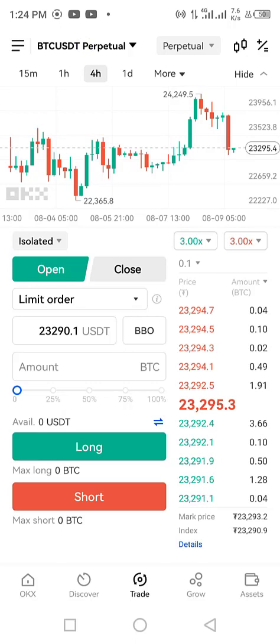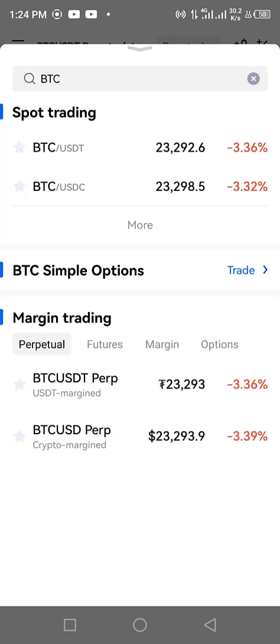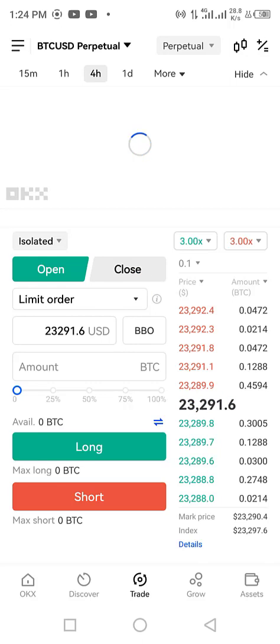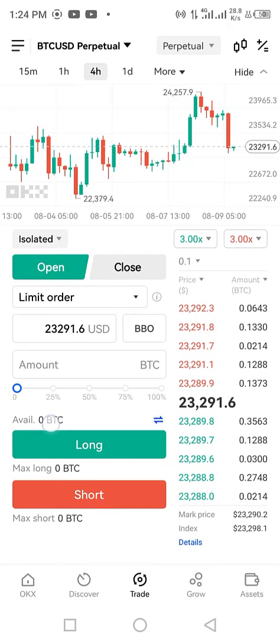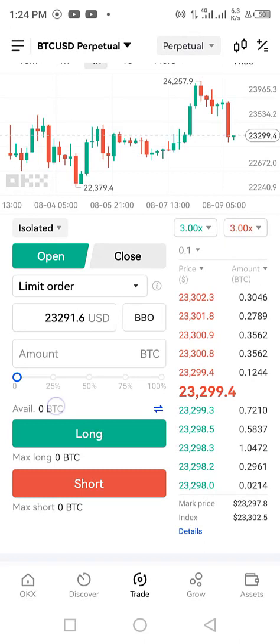If I go back to this area and click on BTC, and then click on this BTC USD perpetual, if you look at the available balance here, we have 0 BTC. That means for you to trade this contract, BTC USD perpetual, which is at the top right, if you follow my marker, you must have BTC in your balance.